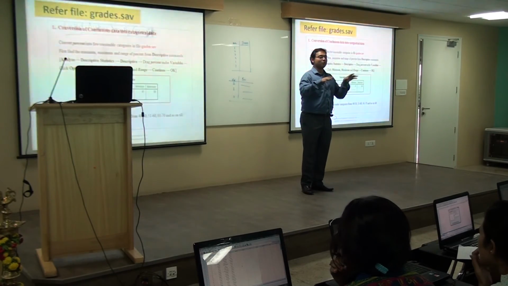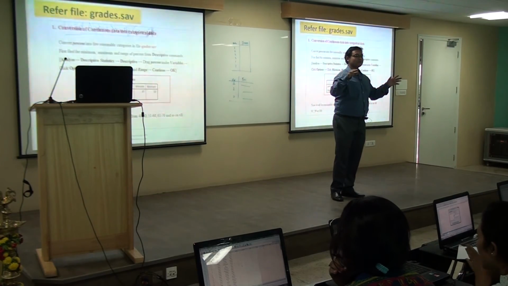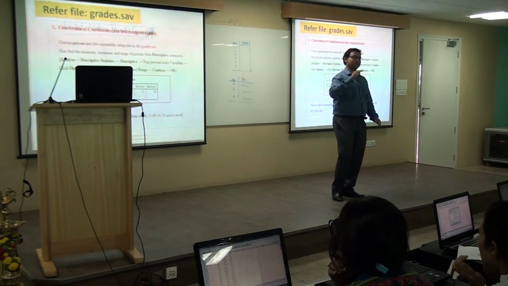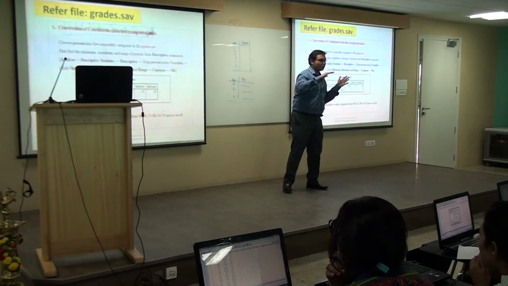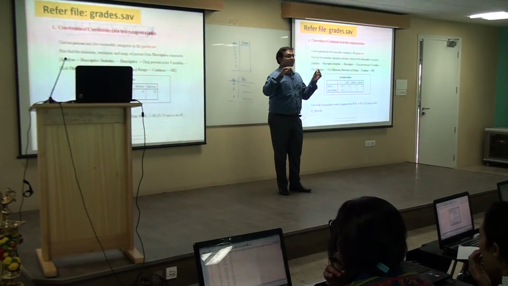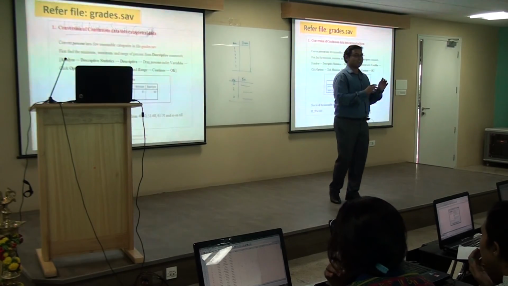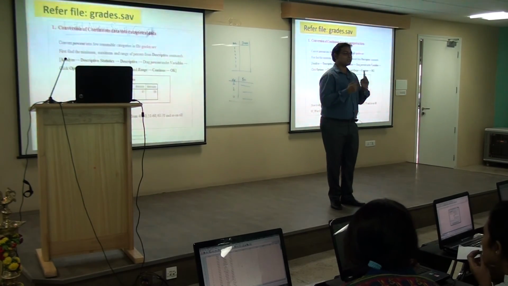In this case, each of the rows is representing one student. Yeah, here we have students, right? Each of the rows is representing one student.